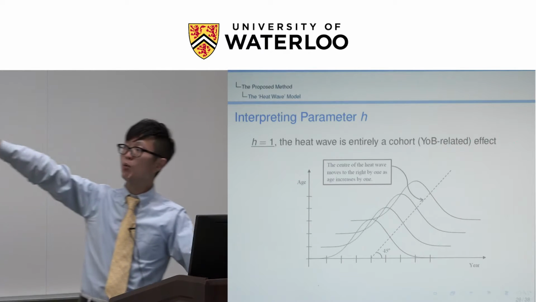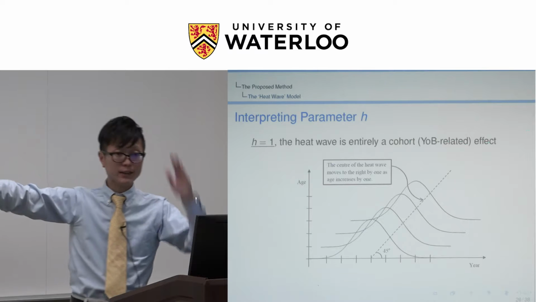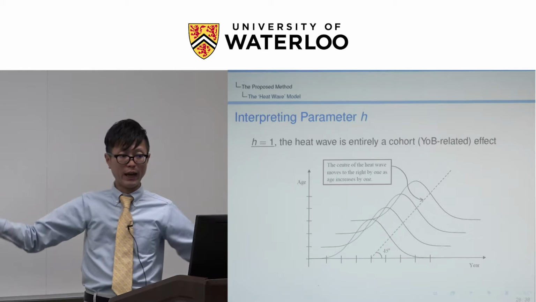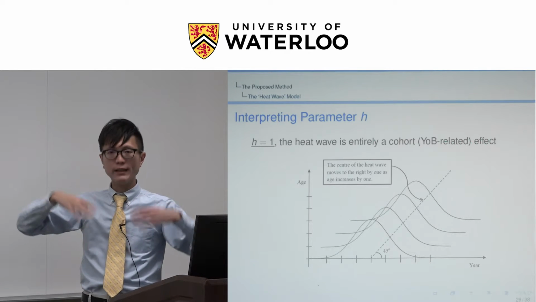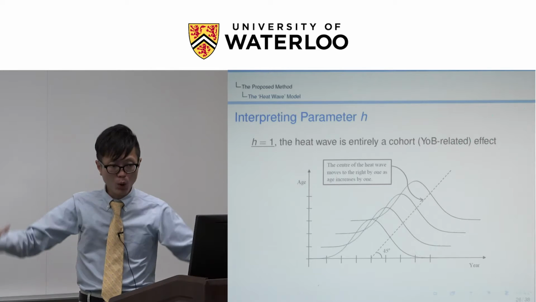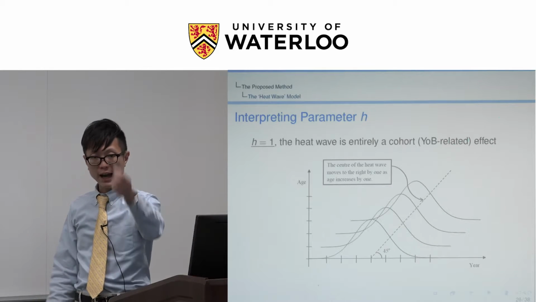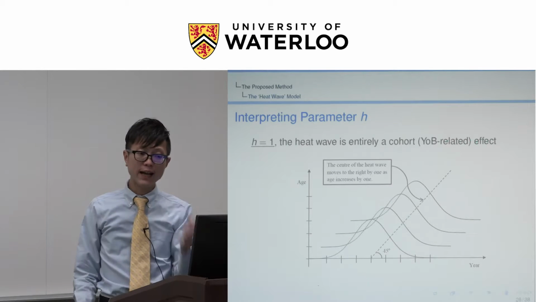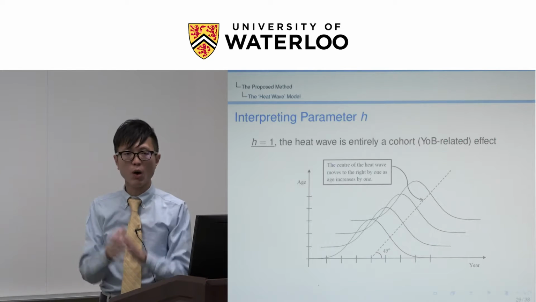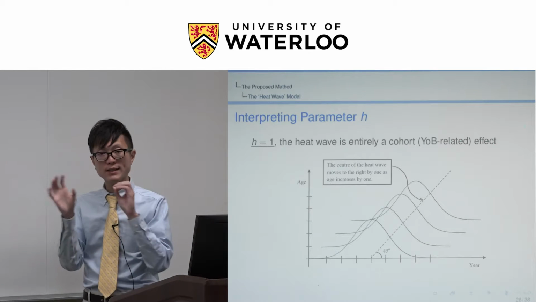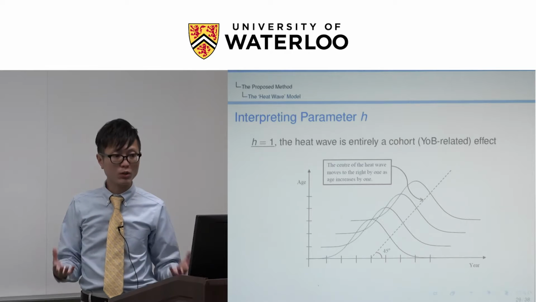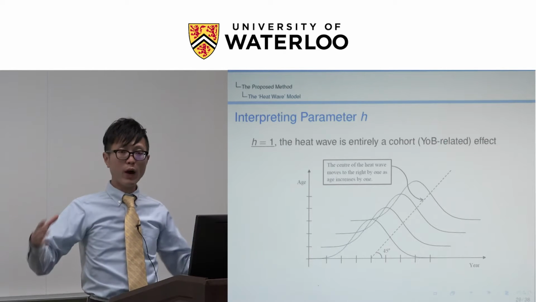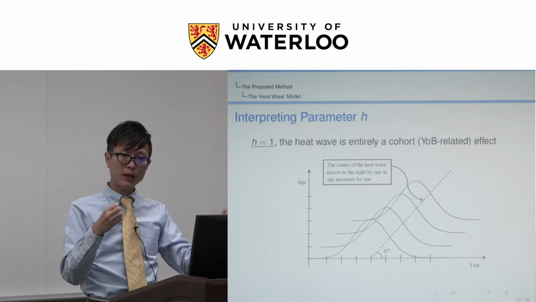So if the heat wave lines up in this way, that would mean the heat wave is purely a cohort, i.e. year of birth related effect. So if h is in between 0 and 1, we can conclude that the heat wave is a blend between period and cohort effects.